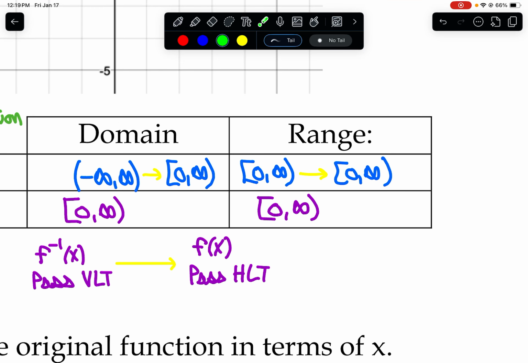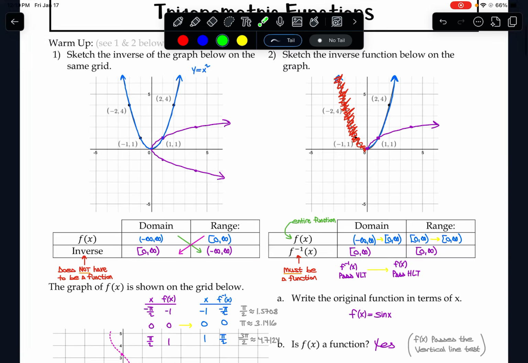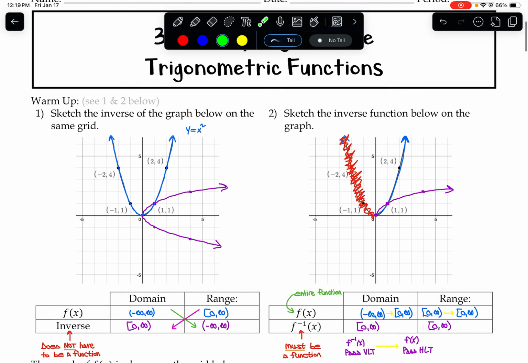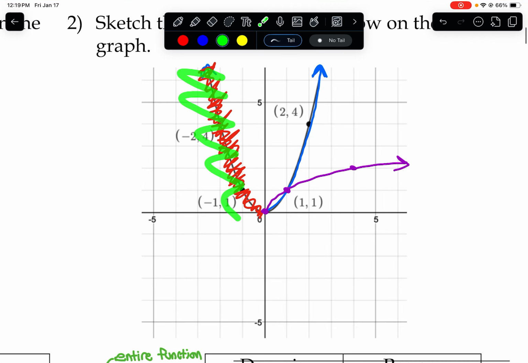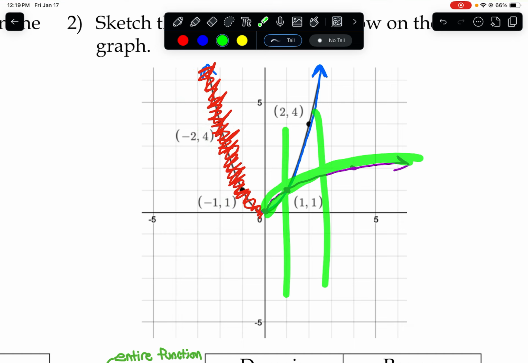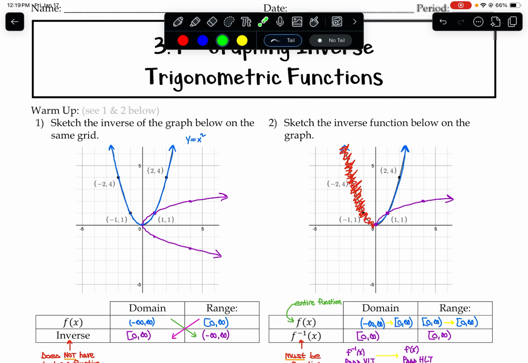So I guess it really is better to just use the portion that we're using for the inverse. That way we have a clean switch, even though really everything's the same. Okay. So the moral of the story is if we want the inverse to be a function, we may have to restrict and omit part of the graph in order for the inverse to actually be a function and pass the vertical line test. So that's the moral of the story.